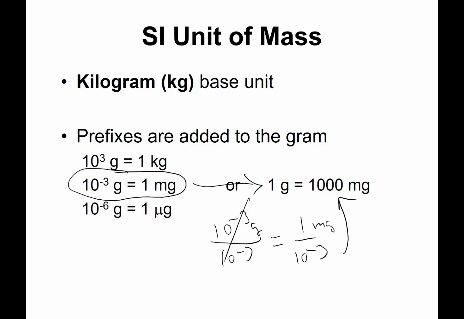Because this will go away, it'll be 1 gram, and 10 to the minus 3 means we have 10 to the 0 plus 10 to the 3, so that's 10 to the 3. I don't know if you caught on to that, but that's pretty easy, right? Just like 100 centimeters equals a meter instead of 1 centimeter equals 10 to the minus 2 meters is a lot easier to deal with.